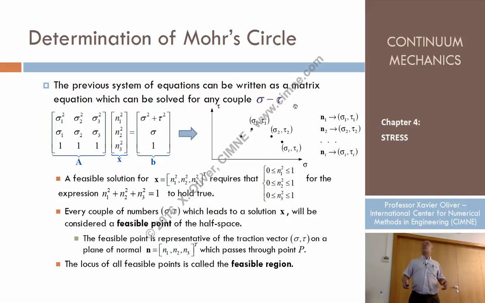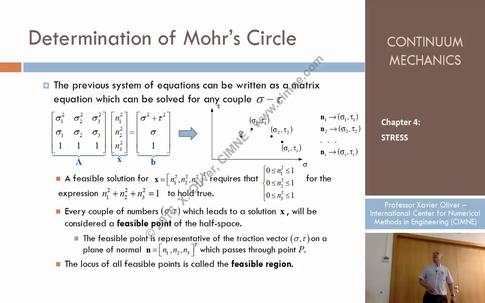Not any point here corresponds to the counterpart of a given traction vector in a certain plane defined by n passing through the point that we are studying.